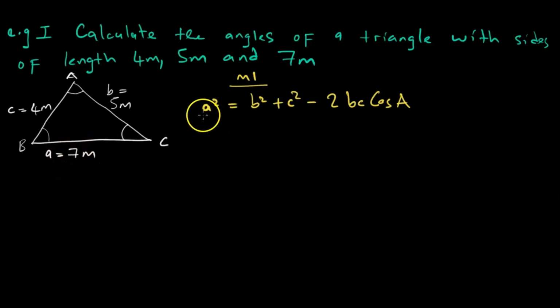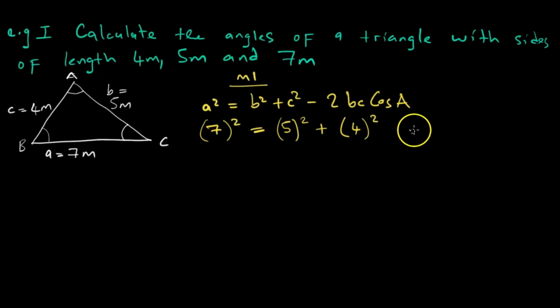What is A? A squared, we are saying 7. So 7 squared is equal to, what is B? B is 5. So it's 5 squared plus, what is C? That is 4 squared, subtracting 2 multiplying 5, which is B, times 4, which is C, then the cos of A, like this.